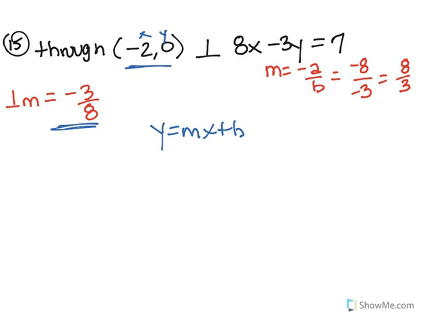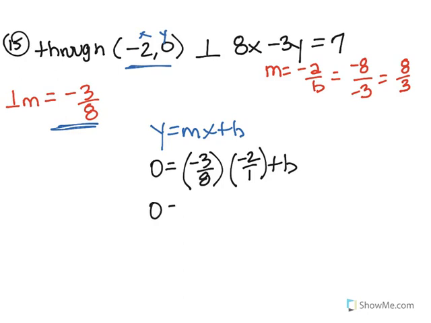So we have 0 equals negative 3 over 8 times negative 2 plus b. Now this, if you multiply it together, is 6 over 8. But reduce that. What's 6 over 8? 3/4. Good.